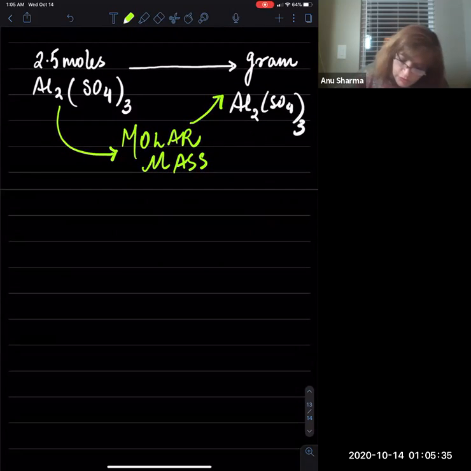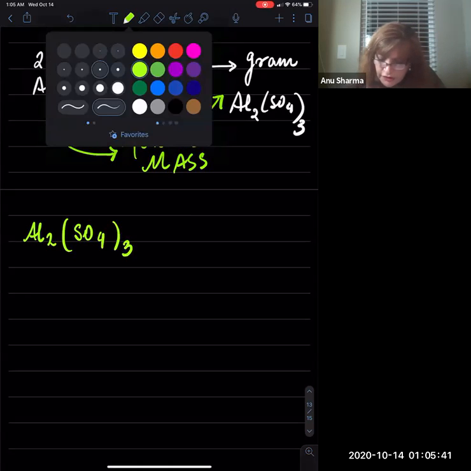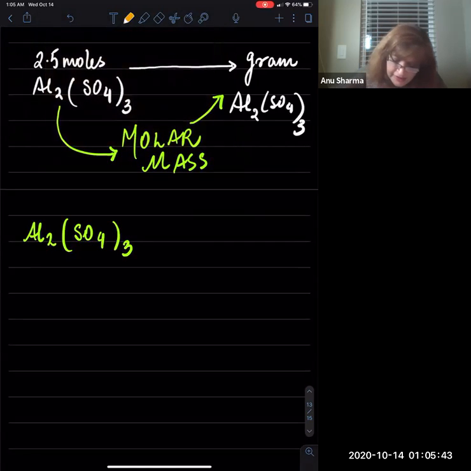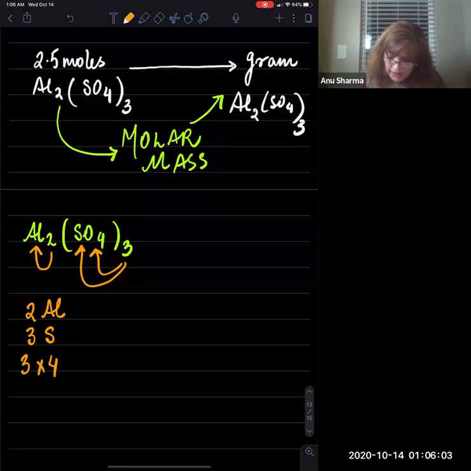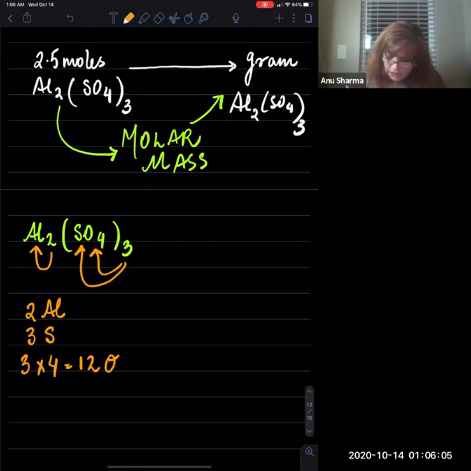Let's calculate the molar mass of Al2SO4 whole thrice. So first thing first, keep this in mind that this 2 applies to aluminum, this 3 applies to sulfur, this 3 applies to oxygen. So that means that there are 2 aluminums, there are 3 sulfurs, and there are 3 times 4, that's 12 oxygens.